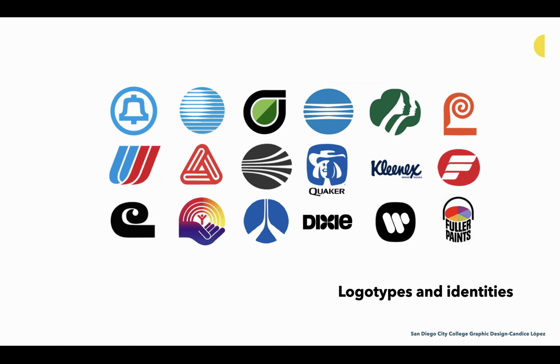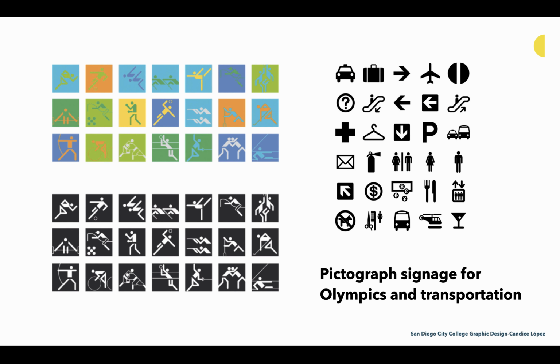So these represent corporations. They're not like the Solidarity logo, they're conveying a corporation. So we've got a lot of great examples here. The other thing it includes is pictographic signage that is used for the Olympics or for transportation.